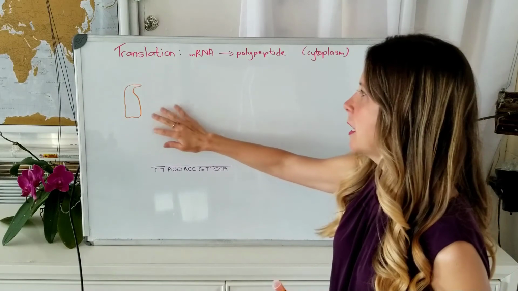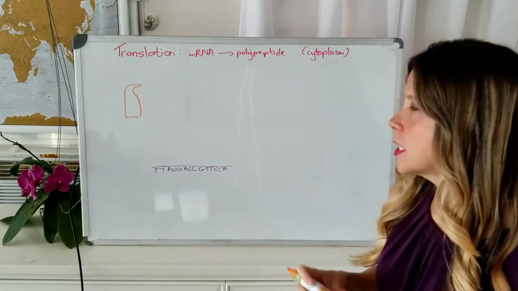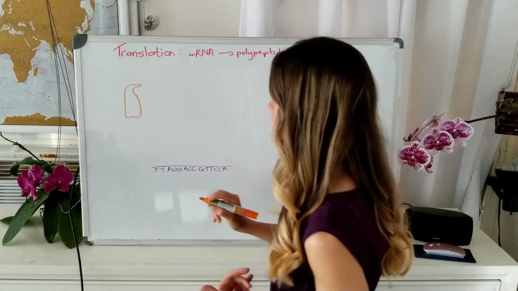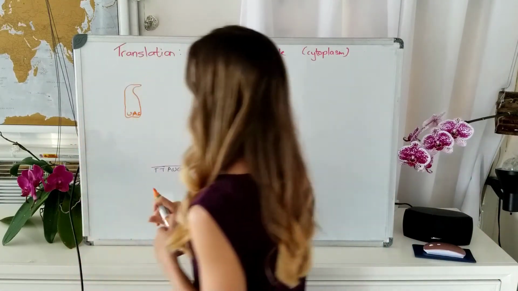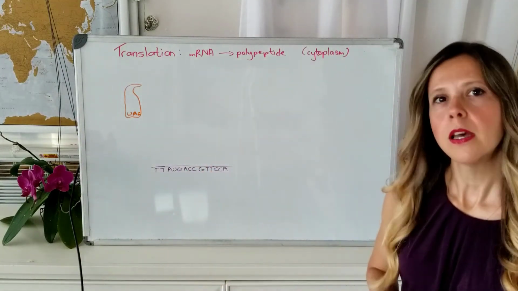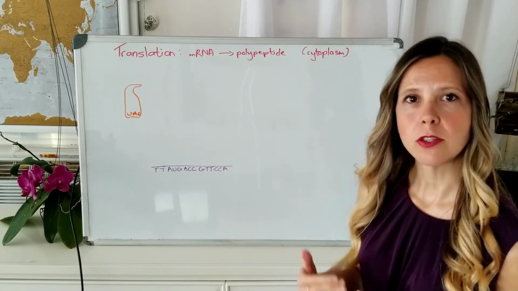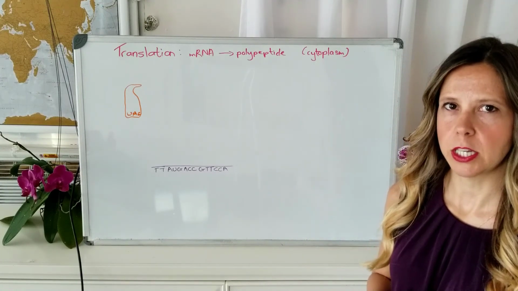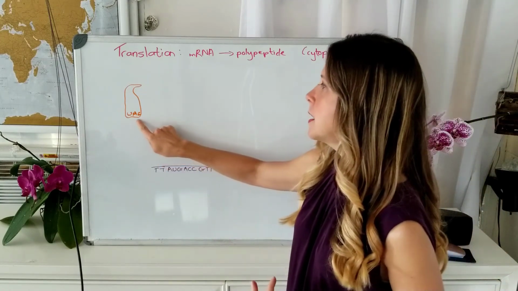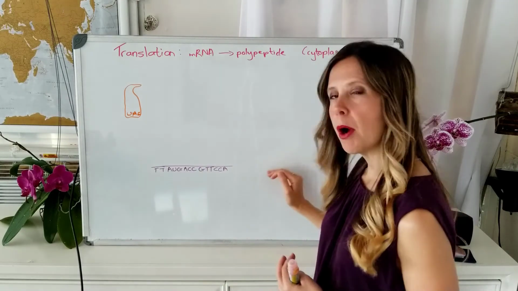So let's pretend that this is our transfer RNA, and the anticodon on this specific transfer RNA is UAC. Once again, our same base pairing rules are going to apply here. So U and A will recognize each other, and G and C will recognize each other. So this UAC would recognize AUG on our mRNA.